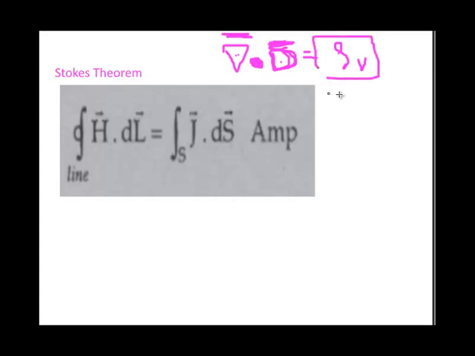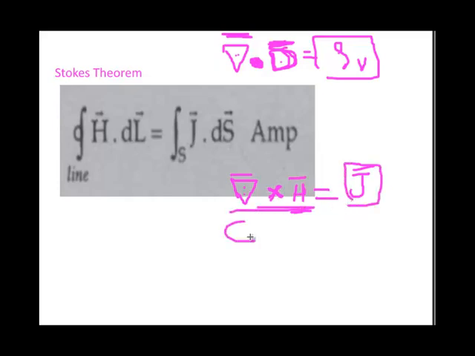But if you multiply del with another vector, for example H, with the help of the cross product, then it will give you J. So if you differentiate H with the vector differential operator and the multiplication of these two is a cross product, then the result is J. The left hand side is called the curl of H. This is called the divergence of D. The divergence of D is differentiating D with del and dot product.